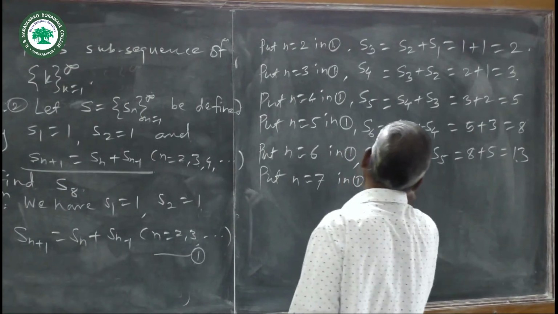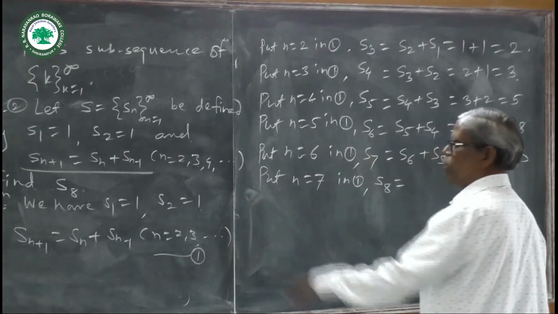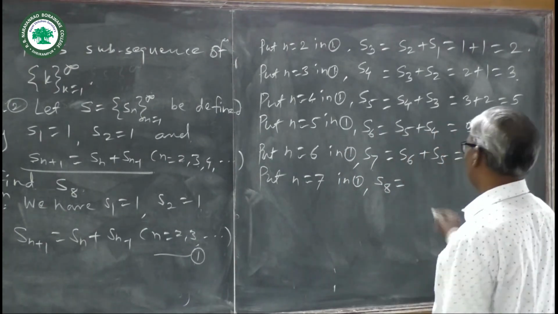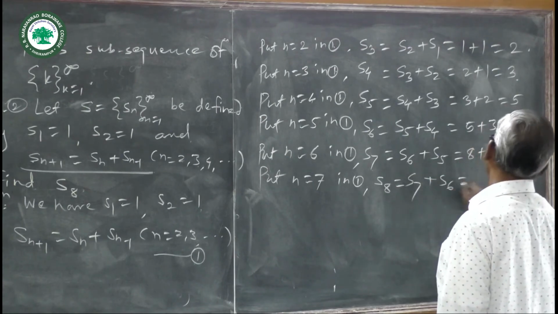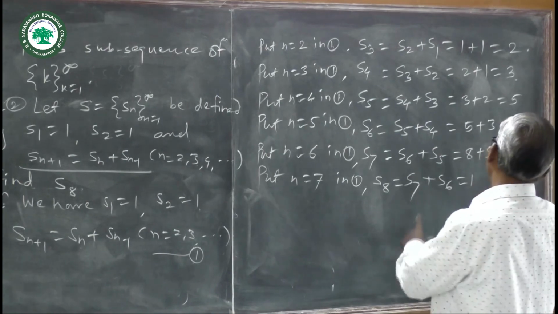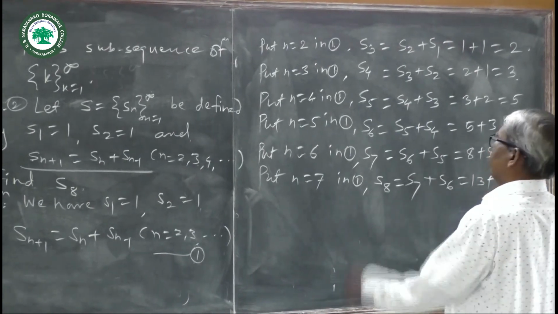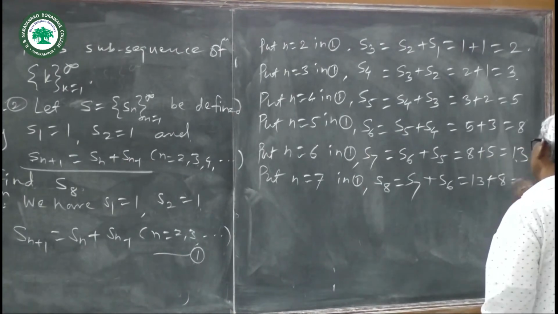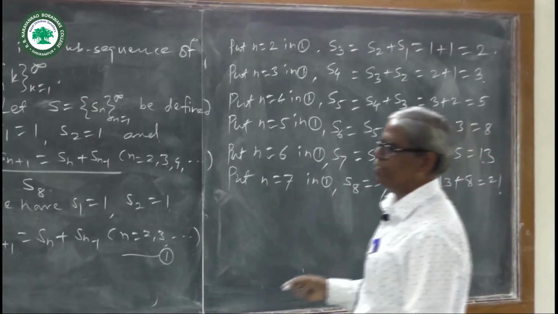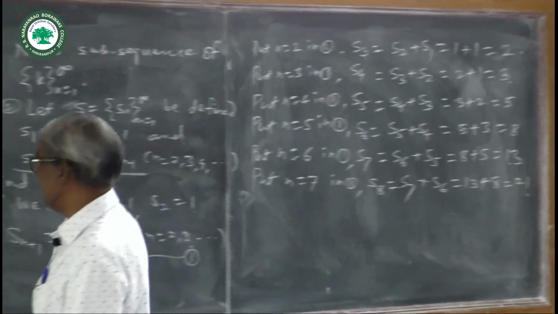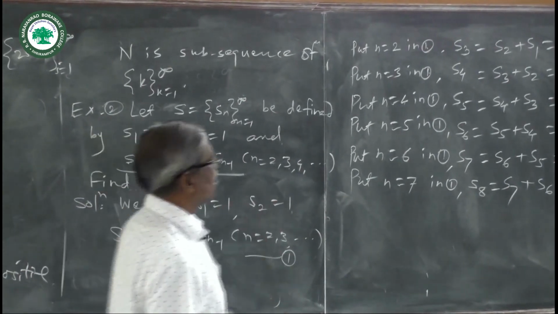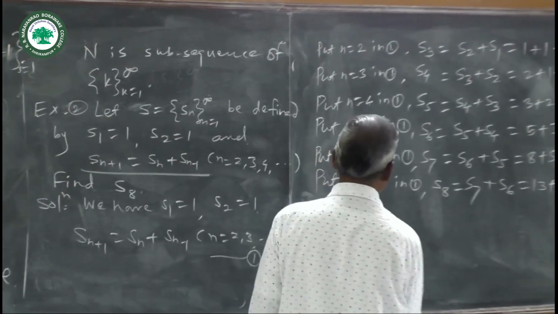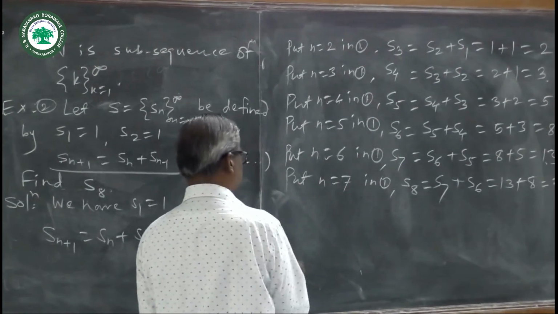S8 is equal to 7 plus 1 becomes 8, is equal to S7 plus S6, which is equal to S7 is 13 plus S6 is 8, which is equal to 21. S8 is equal to 21, which is the 8th term of the sequence Sn.